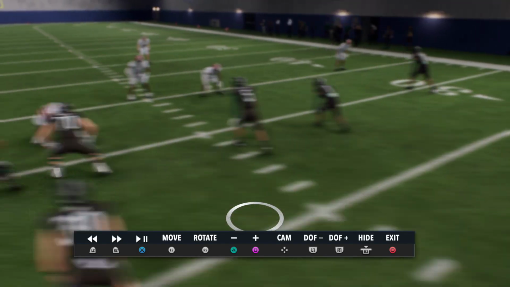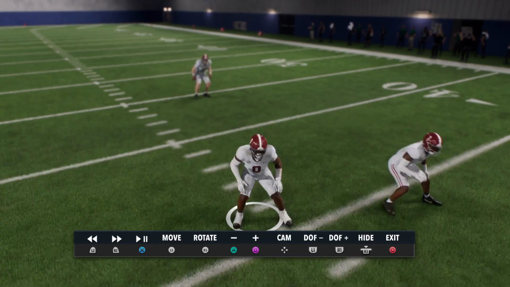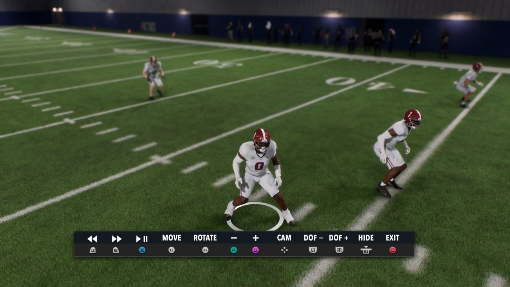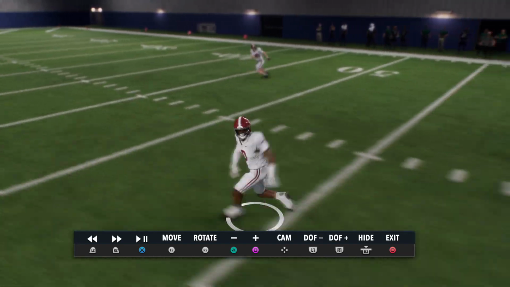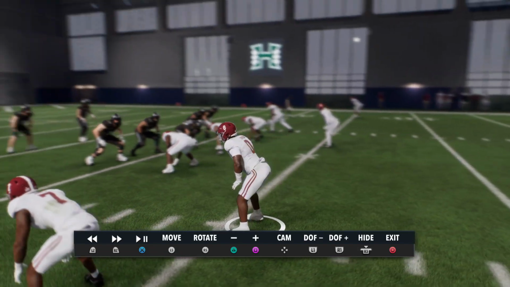Now, huge indicator, if they're not using this middle guy, he's going to beeline to the middle of the field. That's the huge indicator. Now, if they using this guy, we love cover two.